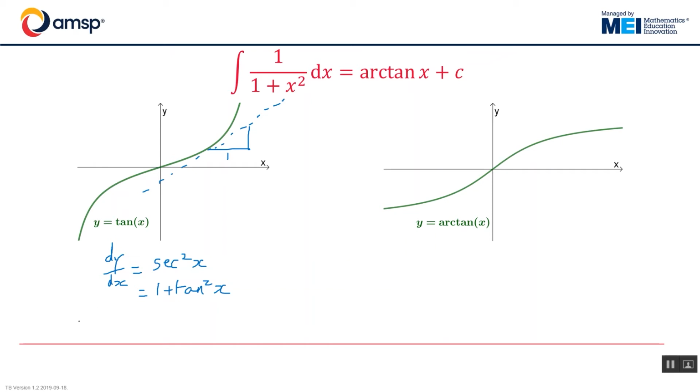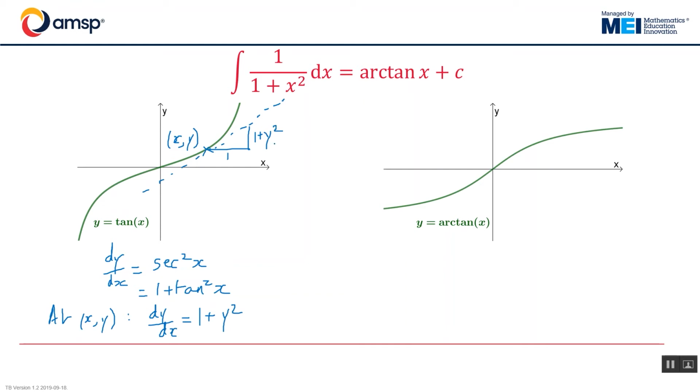So if we think of this as a general point with coordinates x, y, the height of the gradient triangle is going to be 1 plus tan squared. Tan is y, 1 plus y squared. And that means that this is 1 plus y squared.